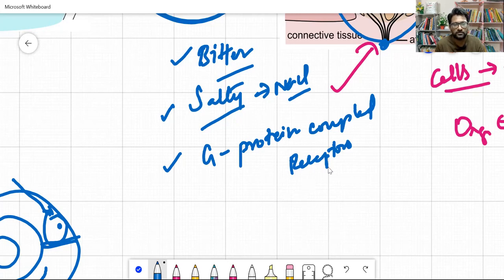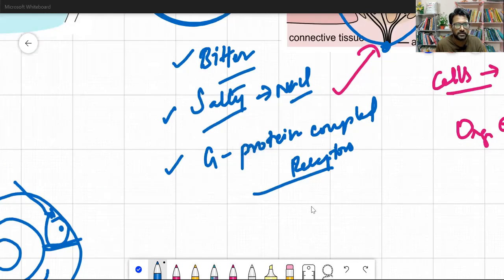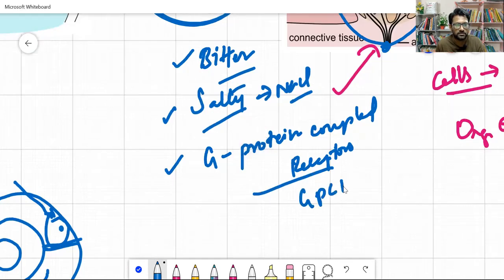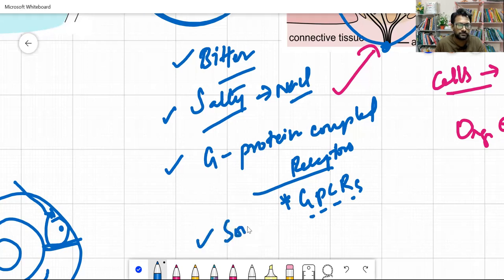Here, G protein coupled receptors are responsible for the recognition of this sweet flavor. You can just remember this as GPCR. GPCRs, G protein coupled receptors, help in receiving the taste, nothing but sweet. And then sour.